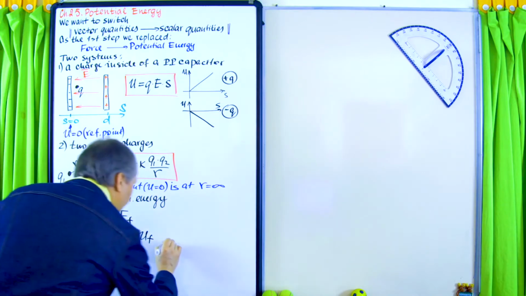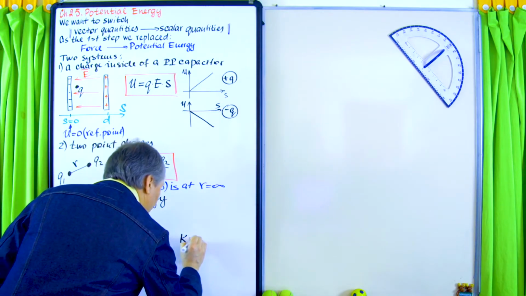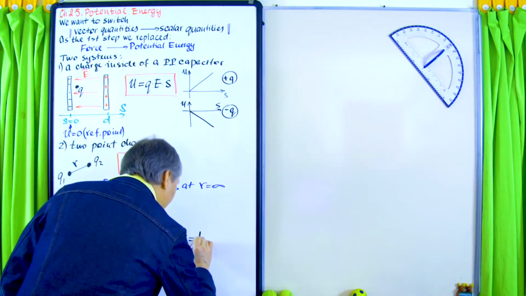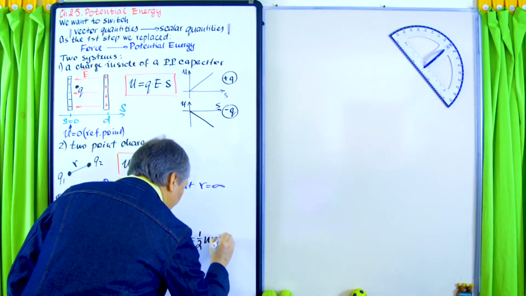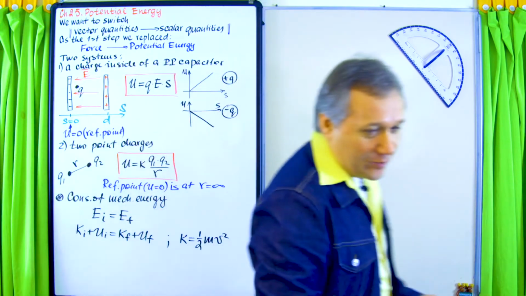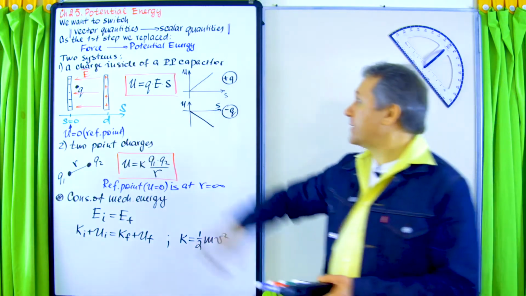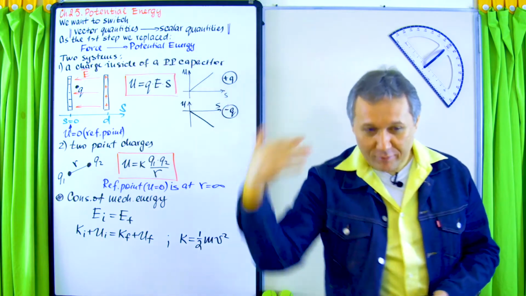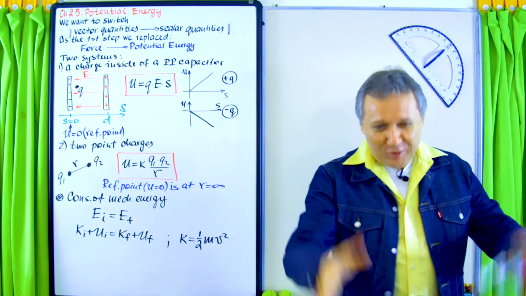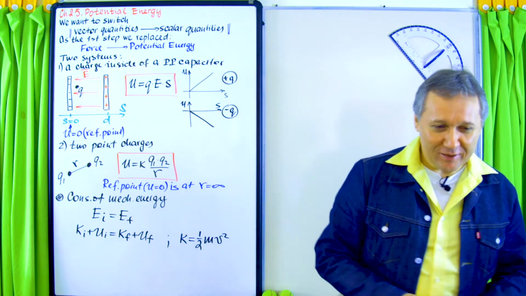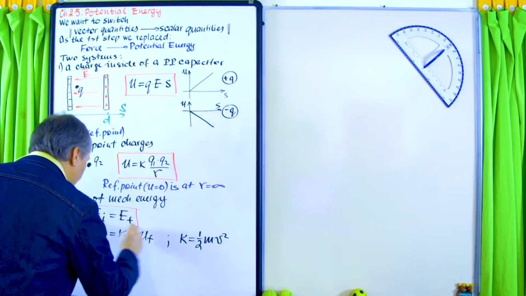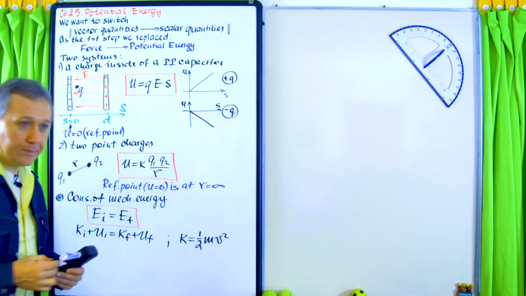Usually all students know and remember that kinetic energy is 1 over 2 mv squared, and this is energy of motion. Potential energy is an energy of interactions. We're going to use this a lot.